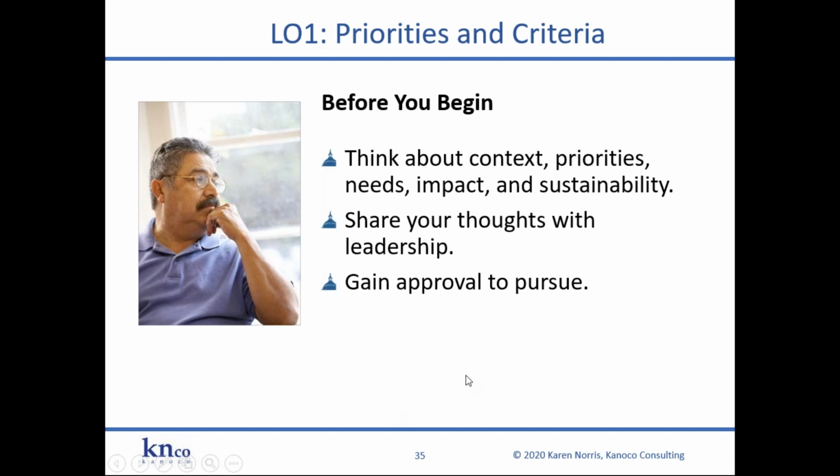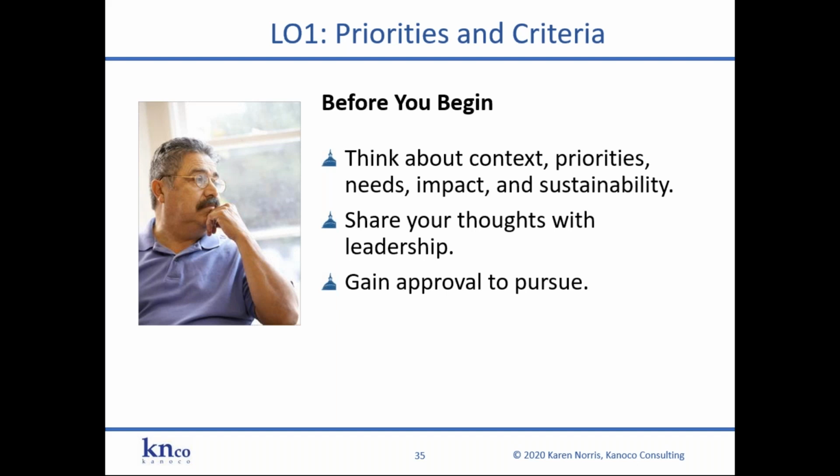So before you begin, you want to think about context, what's happening nationally compared to what's happening in your local area. What does the absolute priority say? What are the needs and what impact? What will change? If you win and you're given that award, what will be different once you're done compared to the way things were at the time you started?